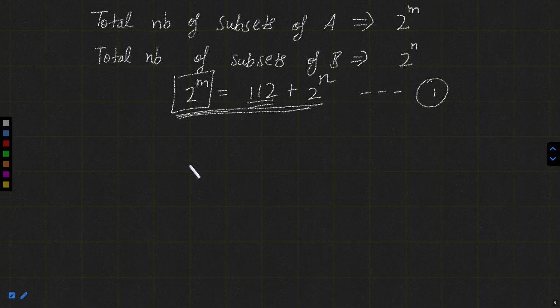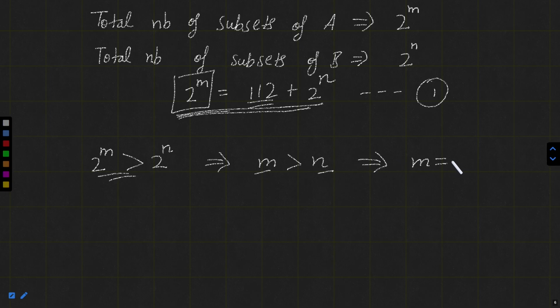Name it 1. Simple. From this, we can easily know that 2 raised to the power m is strictly greater than 2 raised to the power n. Okay, from this, we can easily conclude that m must be greater than n. Okay, m and n both are integers. So from this, we can say that m can be equal to n plus some integer k.